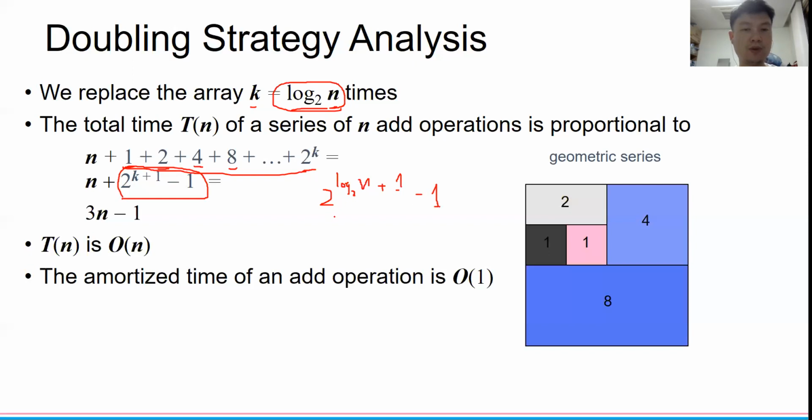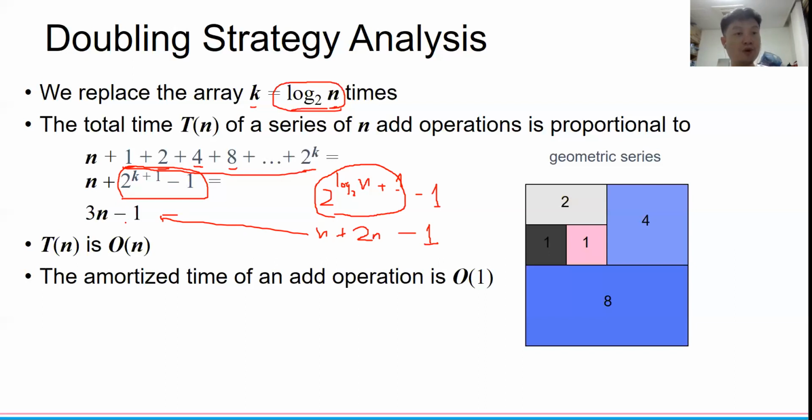So if you have this function, you will get n plus 2n. Just understand this one more. Then we get 2n, and we have n plus 2n minus 1. Then the result will be 3n minus 1.